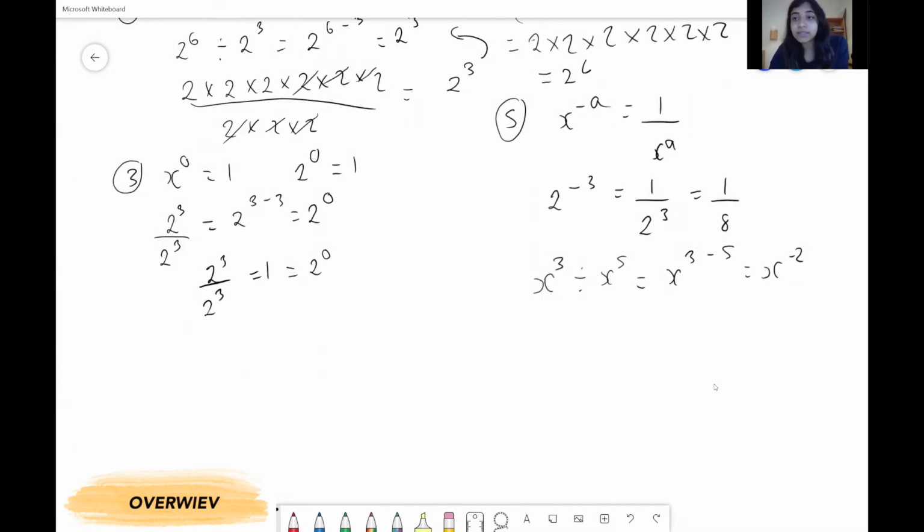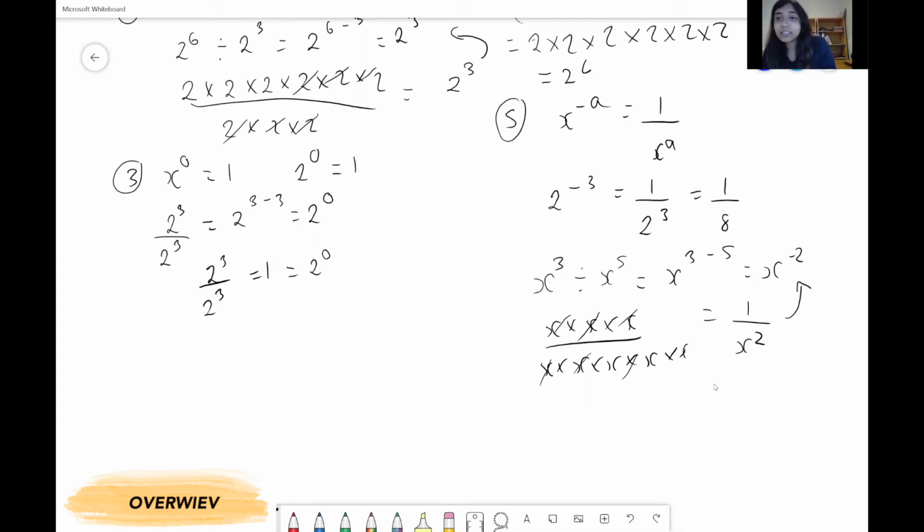If you write this out, you would have x times x times x over x times x times x times x times x, and then you cross out the common multiples and you get 1 over x squared. That's showing that 1 over x squared is the same as x to the power of minus 2. So if you have any number raised to minus another number, that's 1 over the number raised to that power.